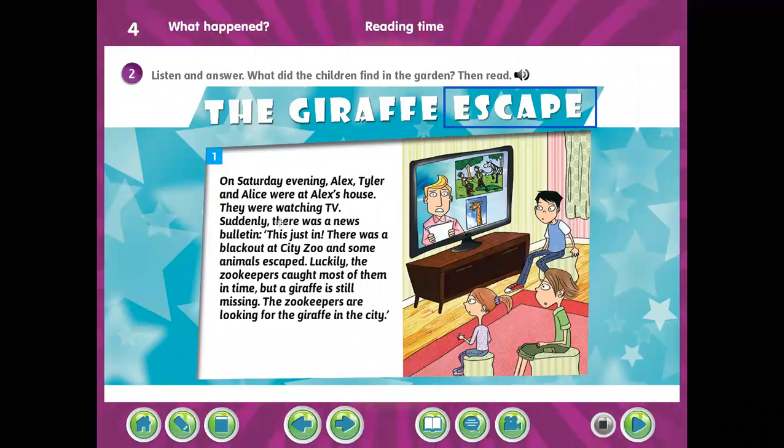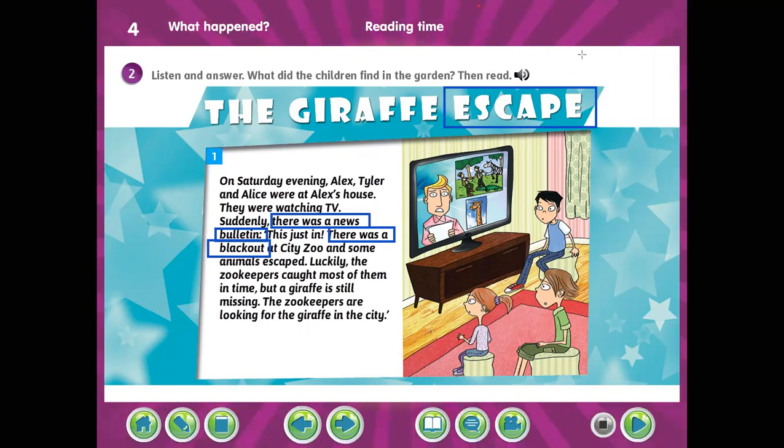For example, there was a news bulletin, this using was. There was a blackout. But please, you identify in all the story, in picture 1, picture 2, picture 3, and picture 4. Sentences, expressions with was, were.